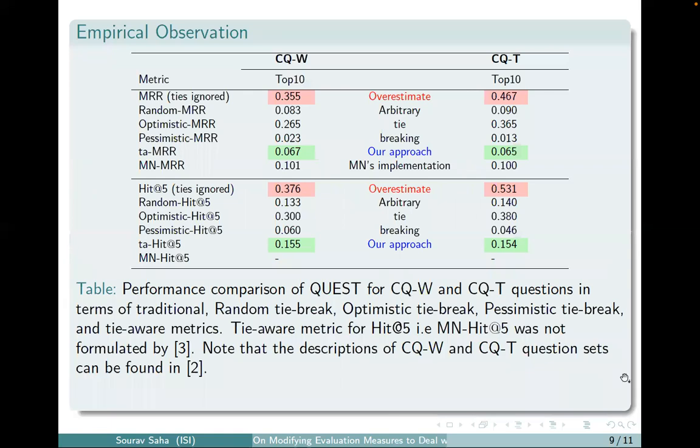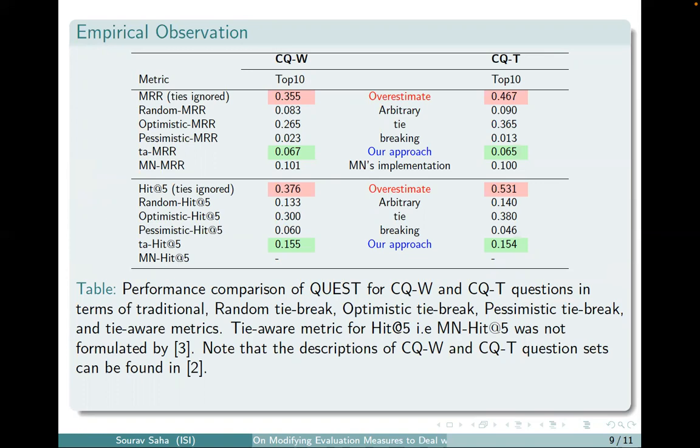The metrics are MRR where ties are ignored; random MRR, where we arbitrarily pick the ties; optimistic, where all correct answers are present at the beginning of the ranked list; pessimistic, where the correct answers are present at the tail of the ranked list; and the tie-aware evaluation measure.